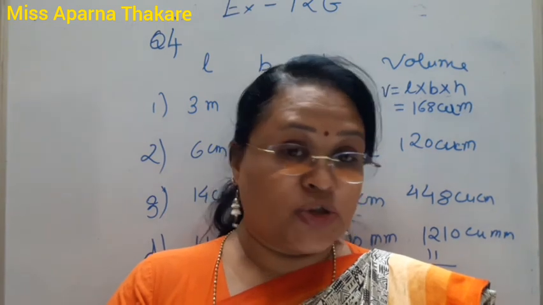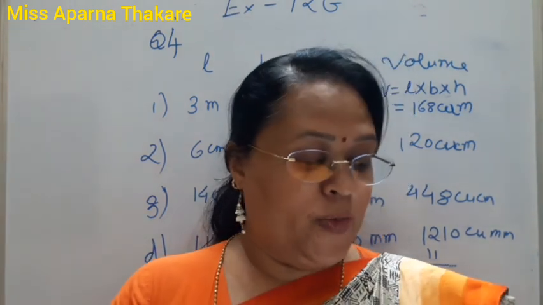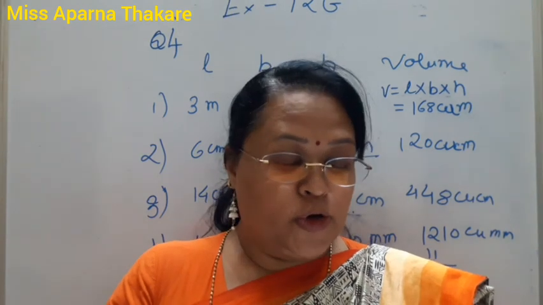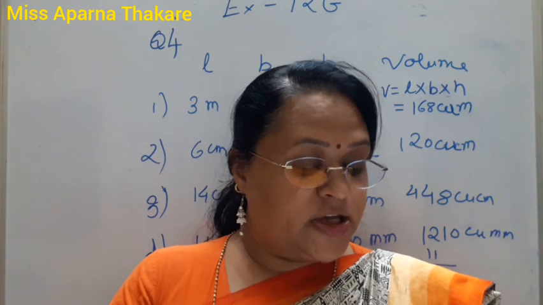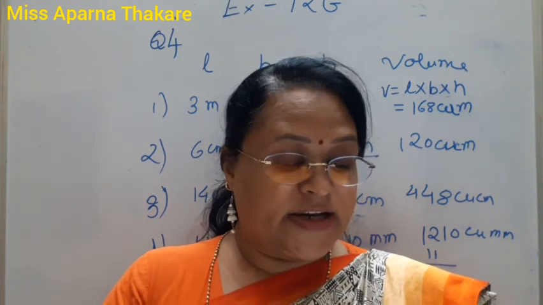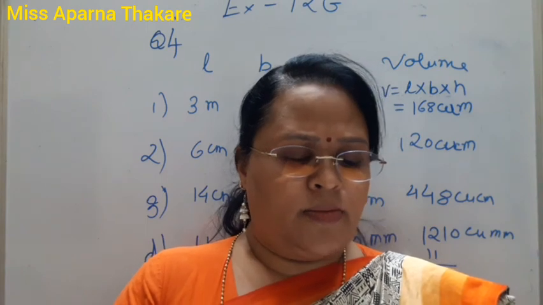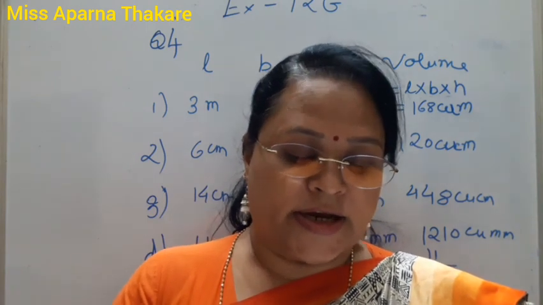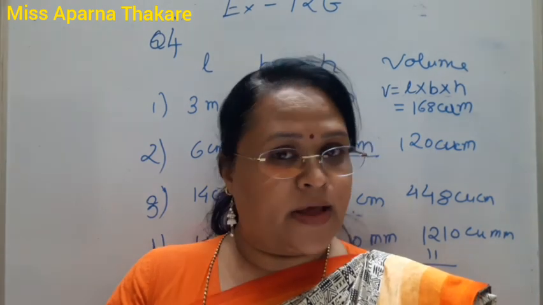Use the shortcut. Question number 4. Use the shortcut to find the volume of cuboid. Now the volume we have to find. It is given, first a dial, then second an eraser, third a blade, I think, and fourth the aluminum foil. Length, breadth and height are given.